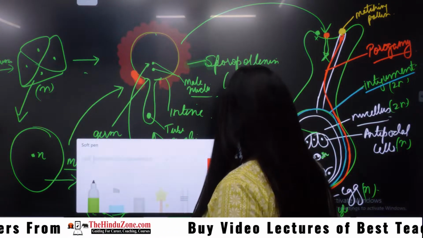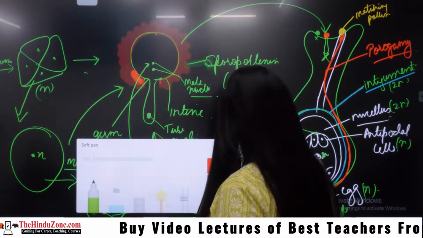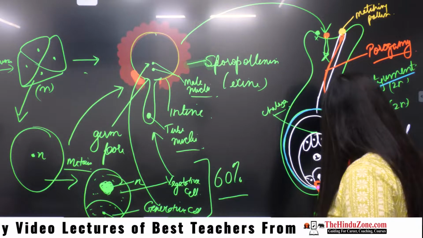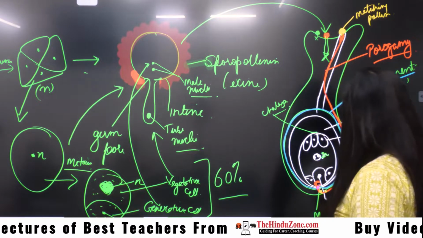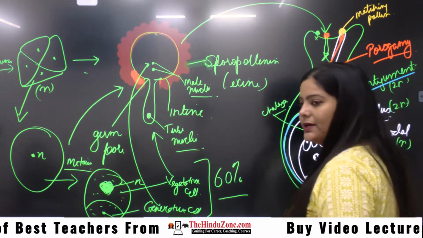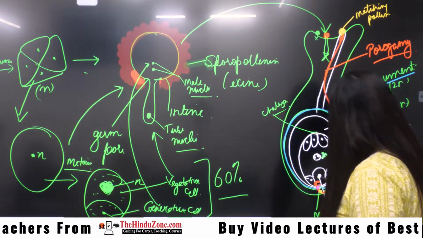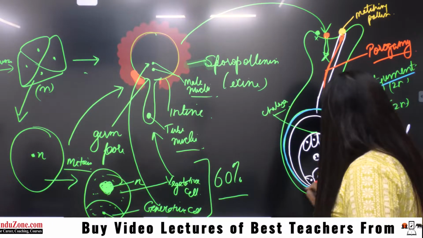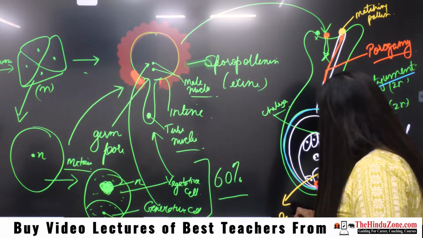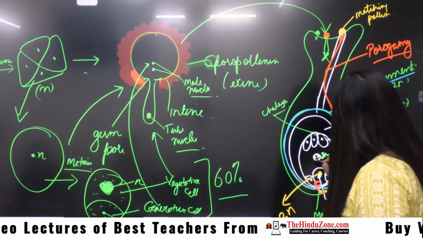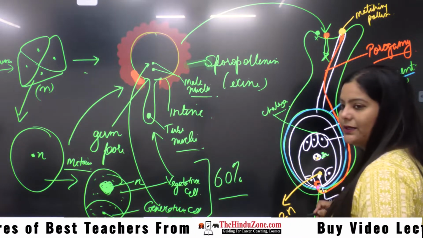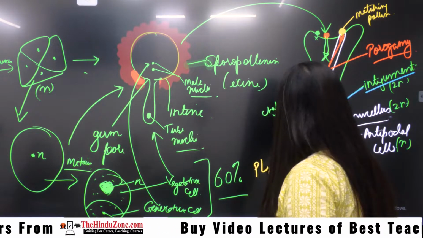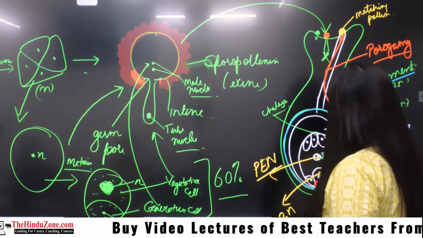The male nuclei are trailing behind the tube nucleus. One male nucleus will fuse with the egg nucleus to form 2n, and the other male nucleus will fuse with the definitive nucleus to form the PEN, the primary endosperm nucleus.